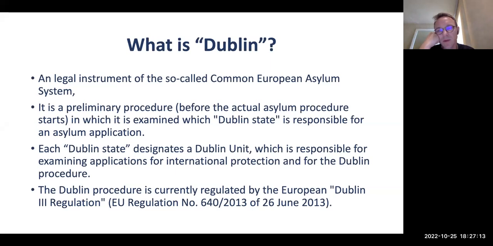Then we had the Dublin 2 regulation, which was already an EU instrument. And now we have a sort of adapted Dublin 3 regulation. There has been a proposal of a Dublin 4 regulation, with some changes, which was proposed years back already, but has never been adopted.